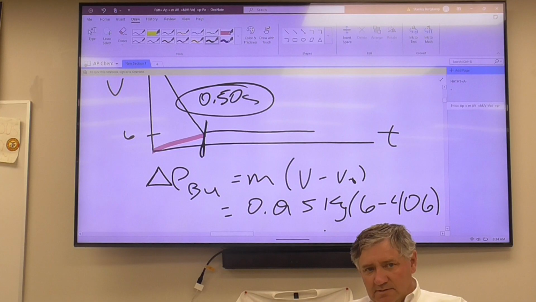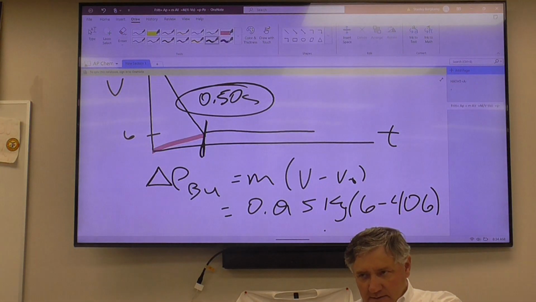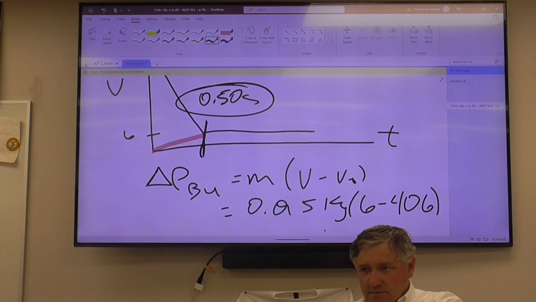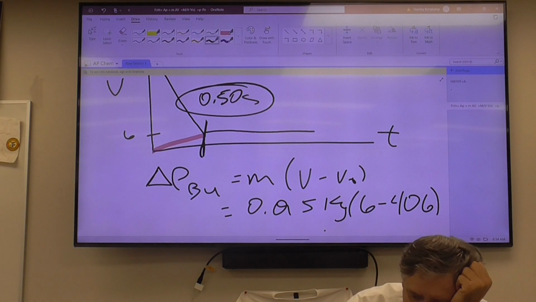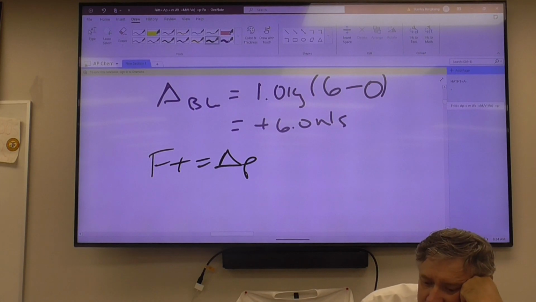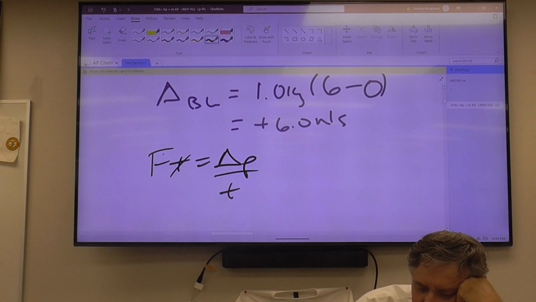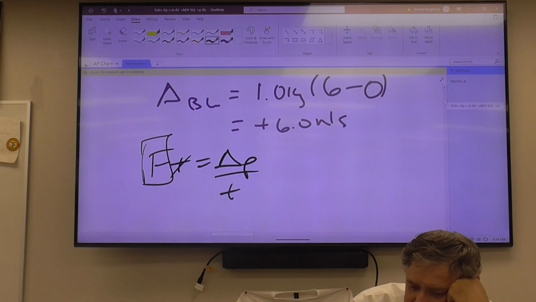At this point, could I calculate the force exerted on the block? Yes. By doing what? Ft equals change in momentum, because force times time equals change in momentum. So change in momentum over time, which is a rate function, equals force.